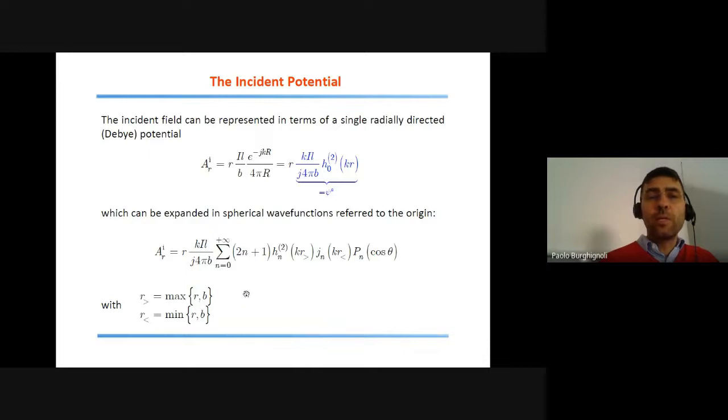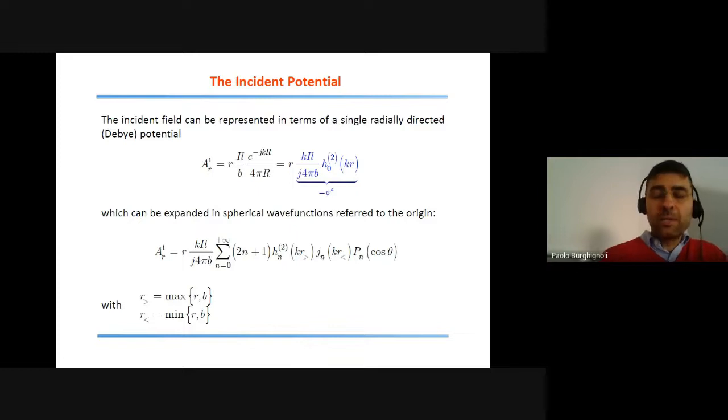That is, when the observation point r is larger than b, then r with the greater than sign is equal to r, whereas otherwise it's equal to b, and the opposite when there is the less than sign in the subscript. Okay, this is the incident Debye potential.